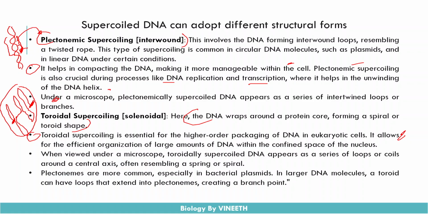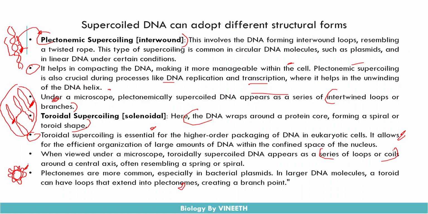If we observe toroidal supercoiling under the microscope, it appears as a series of loops or coils around the central axis, whereas plectonemic supercoiling appears as intertwined loops or branches. That means there is a central axis, and on this central axis you will see DNA getting wrapped over it like this.